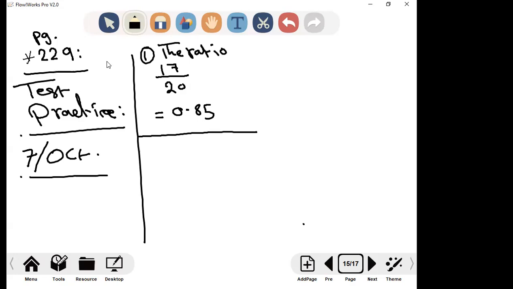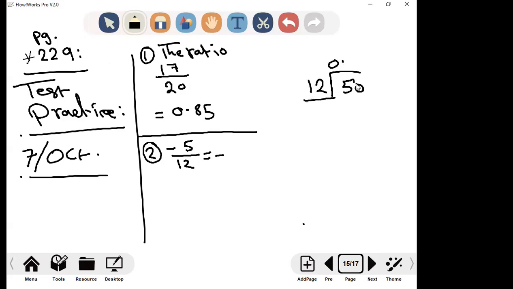Question 2. Muhammad, what's the fraction? -5 over 12. They want us to find the decimal for it. What will we do? Long division. But don't take the negative in the long division. The negative will be in the answer, right? And we'll do 5 divided by 12, right?